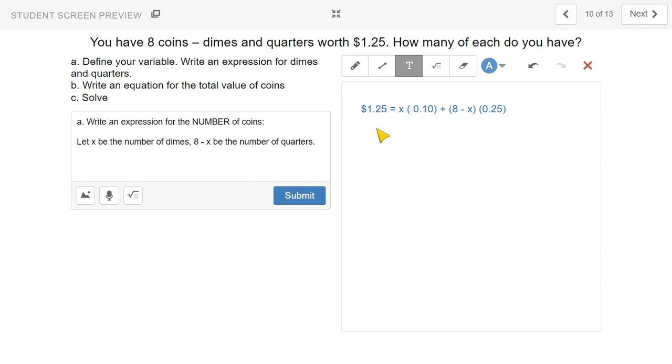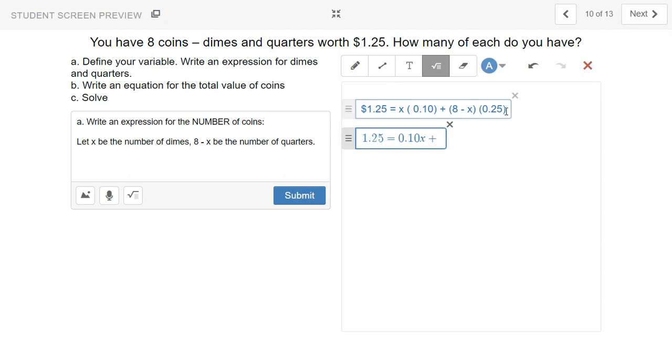Let's simplify and rewrite this equation. So we have 1.25 is equal to 0.10x, and I'm going to write the monomial first so that it's easy for you to see. 0.25 times 8 minus x.